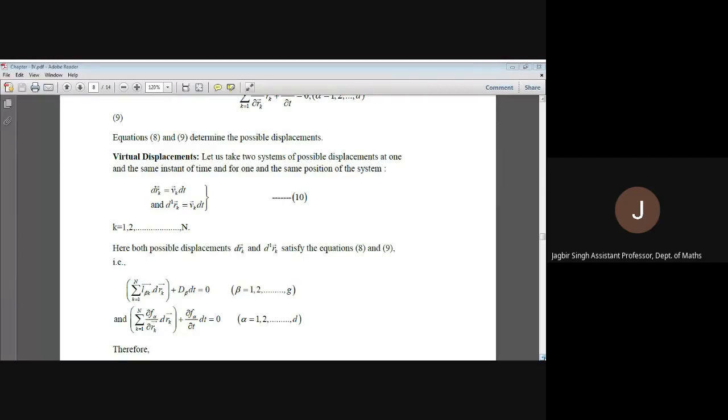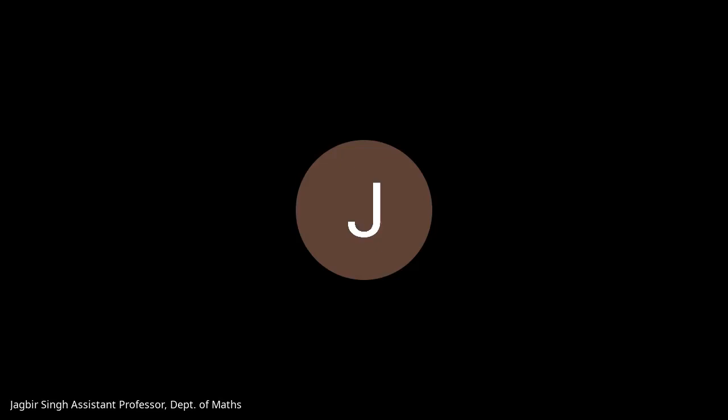So we are moving 9.9 kilometers in 1 hour. But if I'm talking about what will happen in 10 seconds, how much distance will be covered, what is expected and what is actual? The difference between those two is known as the virtual displacement.